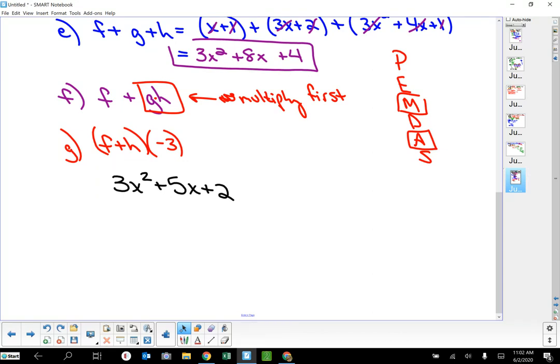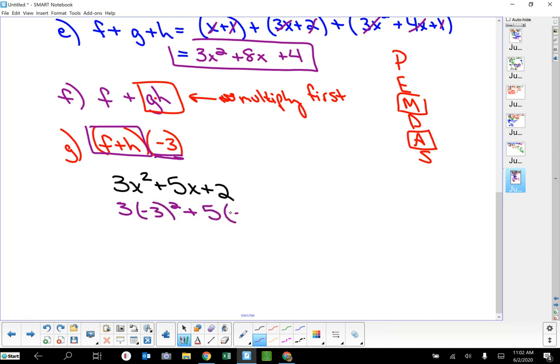And now we want to find f plus h of negative 3. So I'm going to plug a negative 3 into this function. If you had not already had this answer, you would have to do that first and then do this part second. So we're going to go 3 times negative 3 squared plus 5 times negative 3 plus 2. So now this combines 2.3, operations of functions, with 2.2, evaluating functions.